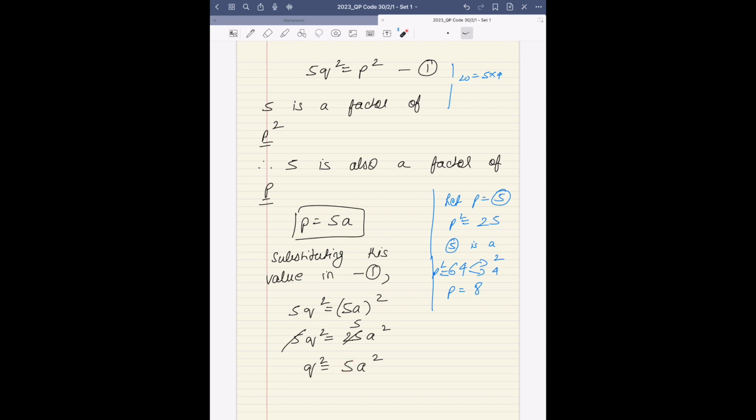How do you write factors? You write factors as multiples. So 5 into A square. So A square is a multiple, and 5 is a factor of Q square.